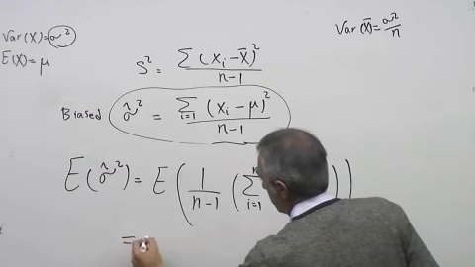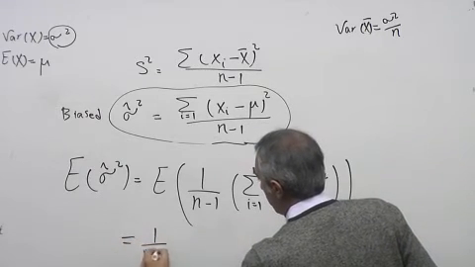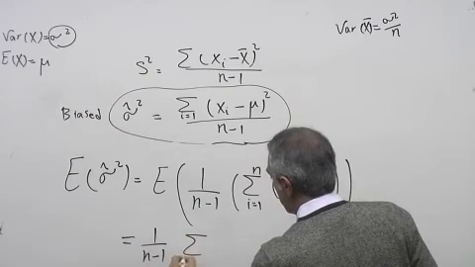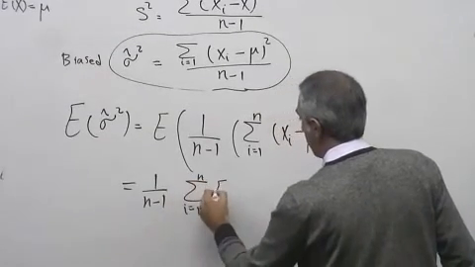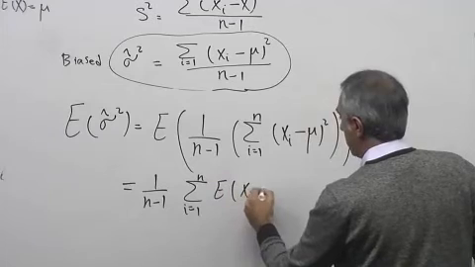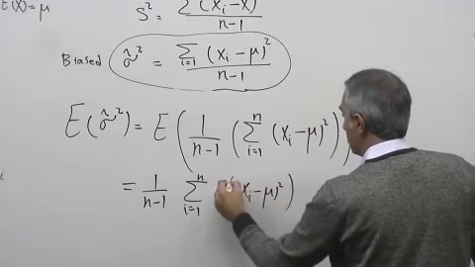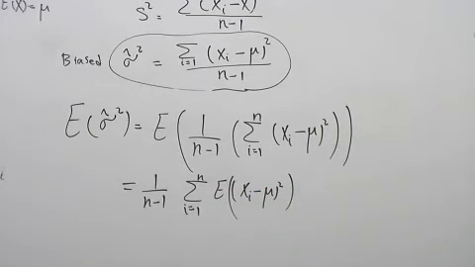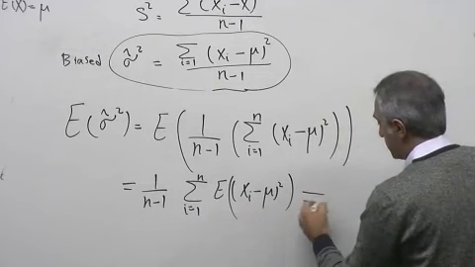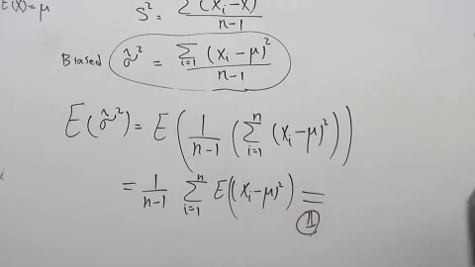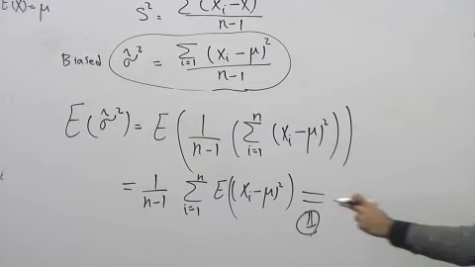Then this would be 1 over n minus 1, summation of i from 1 to n, expected value of xi minus mu squared. Okay? So based on number 2, what is this guy?